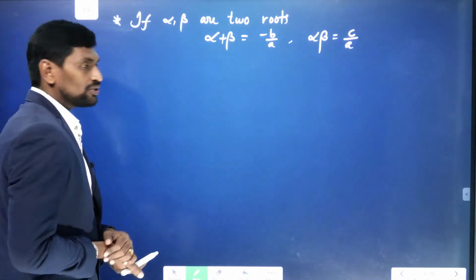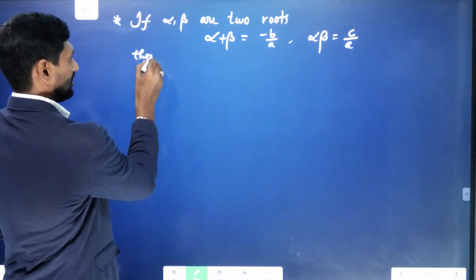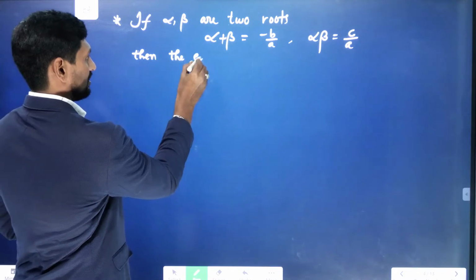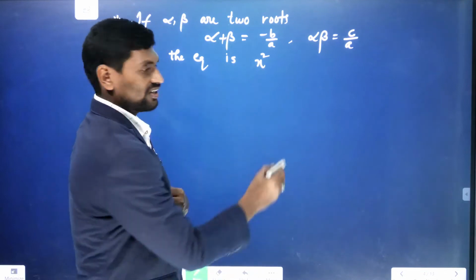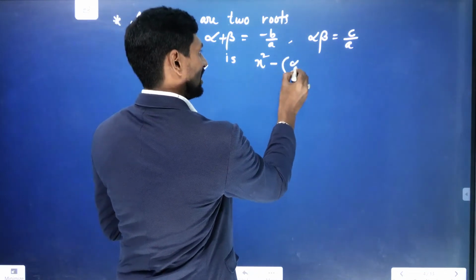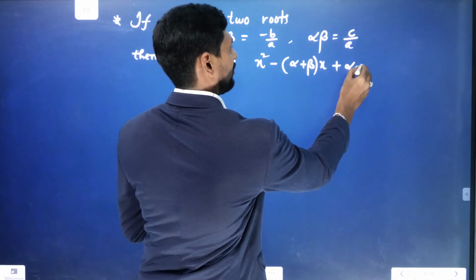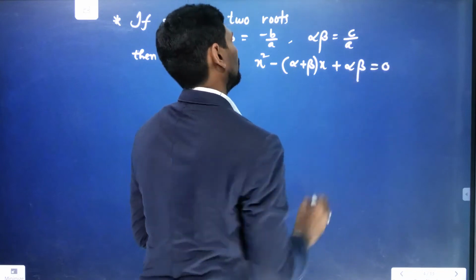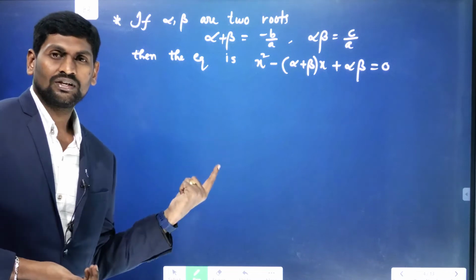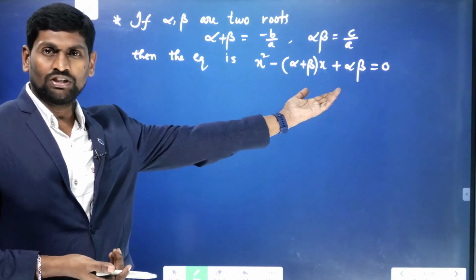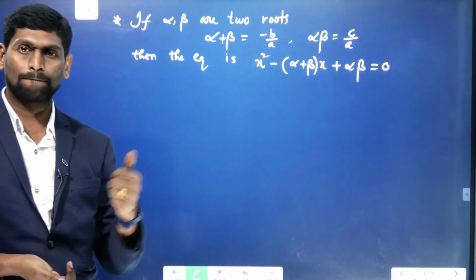Therefore the equation is x square minus (alpha plus beta) x plus alpha beta equal to 0. Very, very important. If you already know the zeros or roots, the quadratic equation will be in this form. Okay?